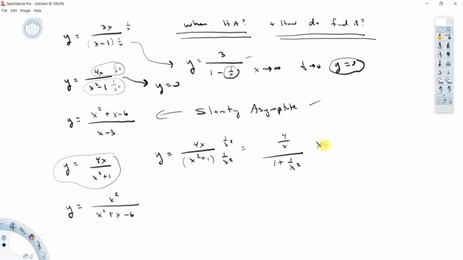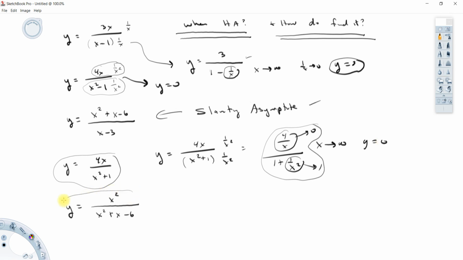And when x gets large, in math we say when x goes to infinity, 4 over x goes to 0. This goes to 0, but the bottom goes to 1. So the whole darn kit and caboodle is going to 0. So y equals 0 is your horizontal asymptote.